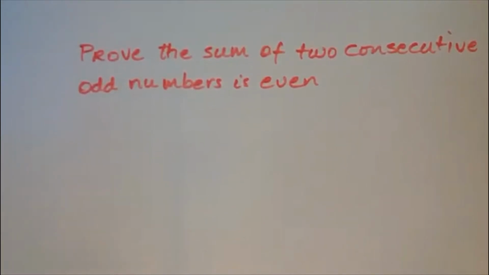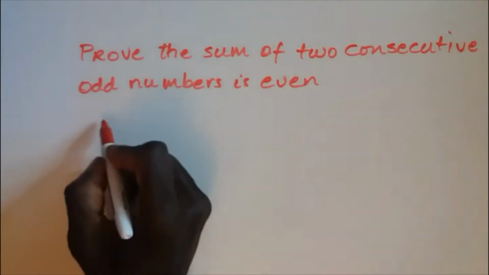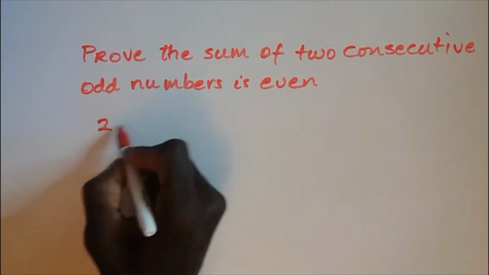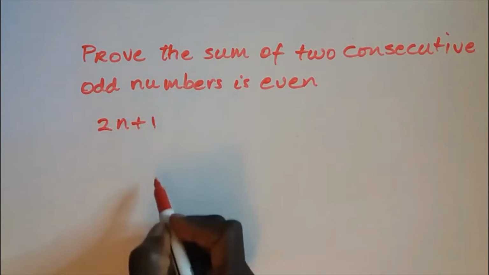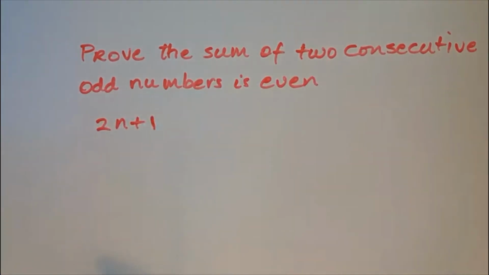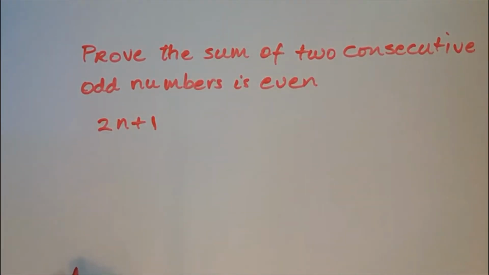Right, we're asked to prove the sum of two consecutive odd numbers is even. In proof, we always use 2n add 1 to indicate an odd number.